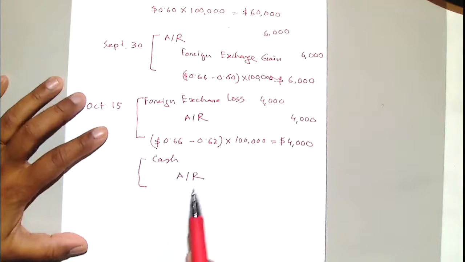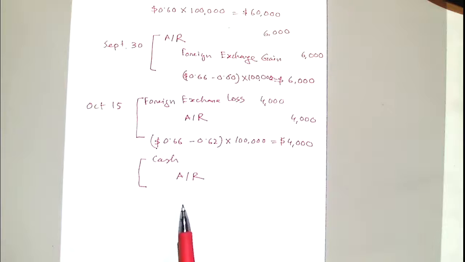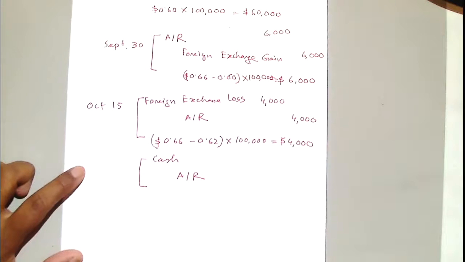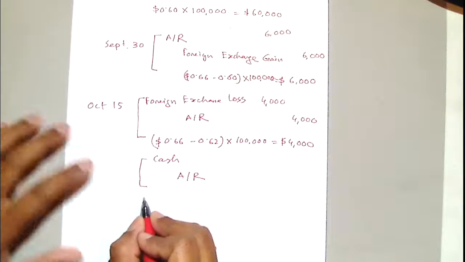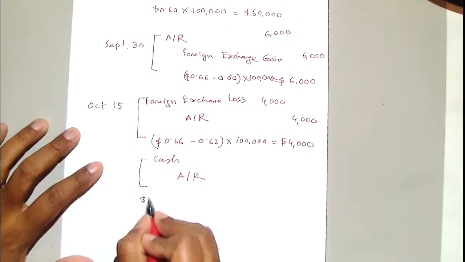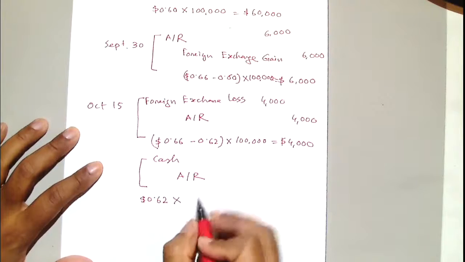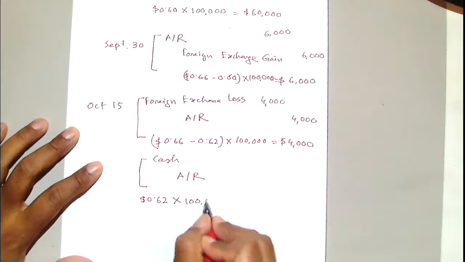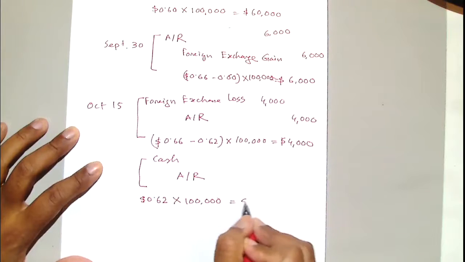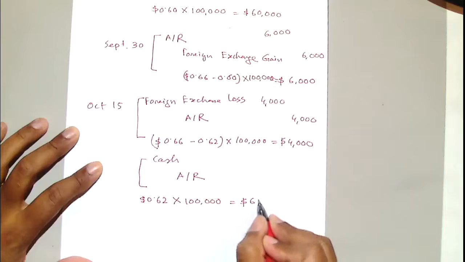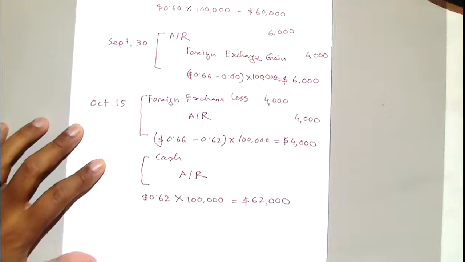And if you check the balance, you will see the same amount, whatever the receivable should be, based on October 15th value. So on October 15th, your exchange rate is actually 62 cents per crown, and you have 100,000 crowns. That means in terms of your dollar value, your receivable should be 62 cents.